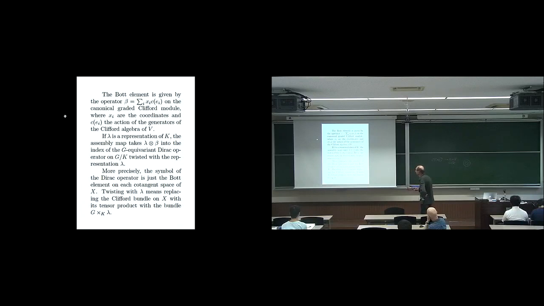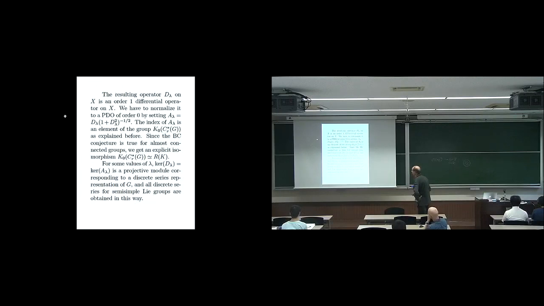The Dirac operator has exactly this symbol. If you take the tensor product with any finite-dimensional representation of the group K, which means twisting with this representation lambda, you get the Dirac operator tensored with an additional vector bundle.